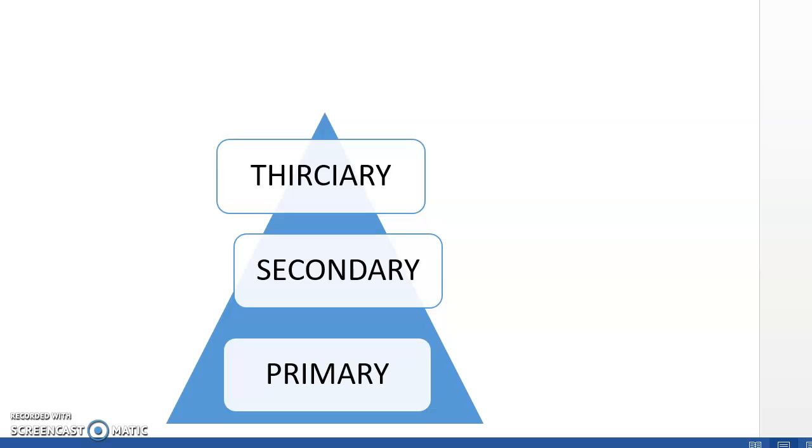So the important thing to remember is producers are on the bottom, consumers are in the middle, and then your apex top guy is at the top. And there's a 10% energy loss each go. So primary you lose 10, secondary you lose 10, tertiary you lose 10, so you don't have very much left over. Okay, thank you guys.